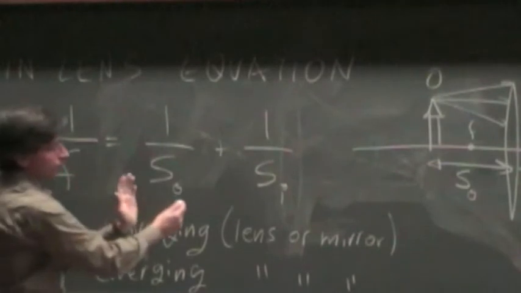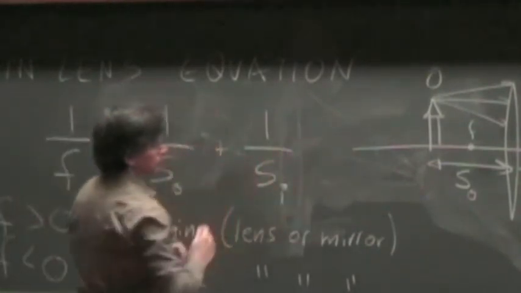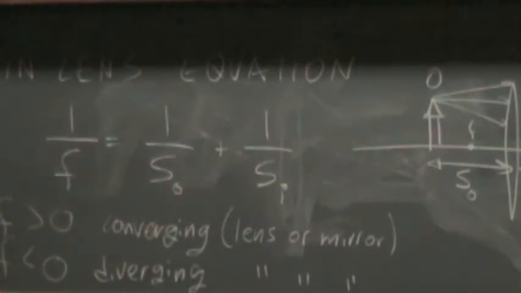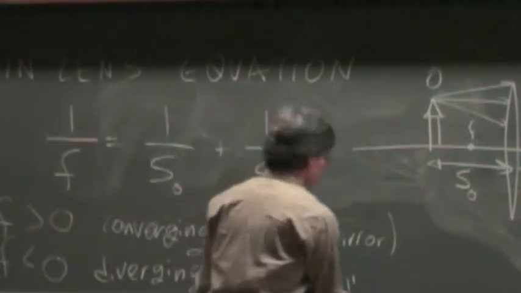So that tells you the convention for F. Very important. I just told you the convention for the distance to the image. There is also a convention for the distance to the object. And it can also be positive or negative. Your book doesn't discuss that. It leaves that out.